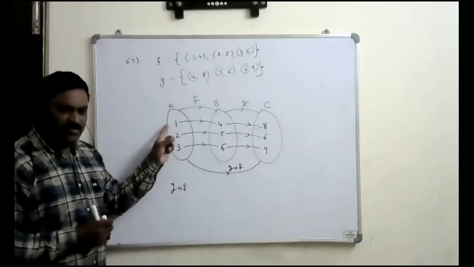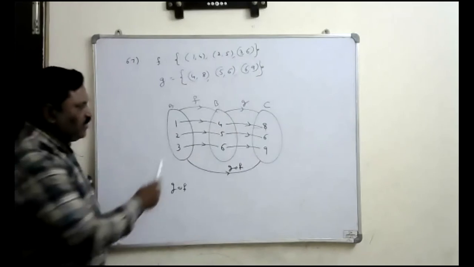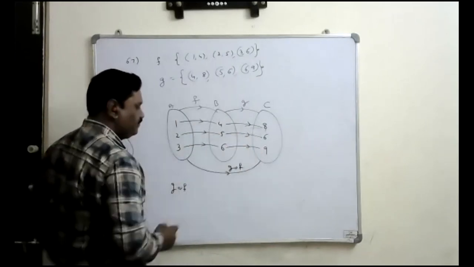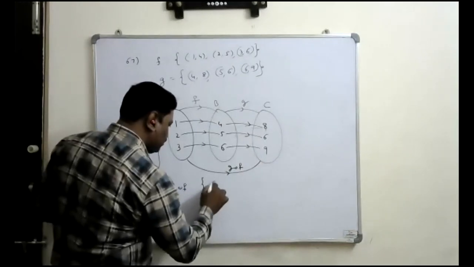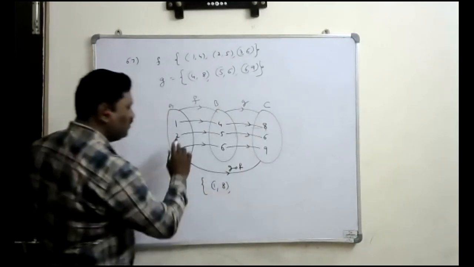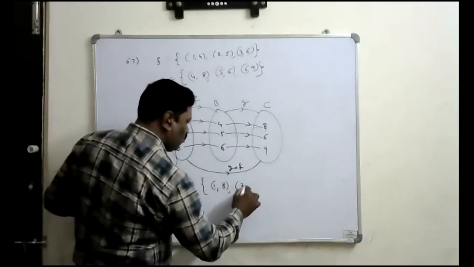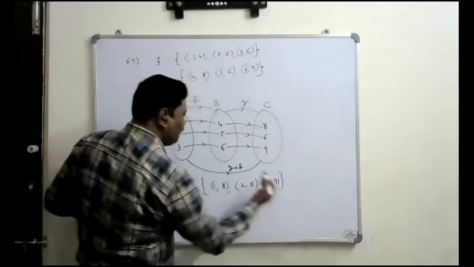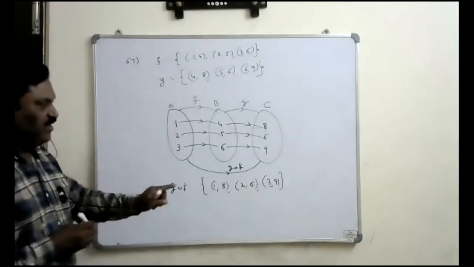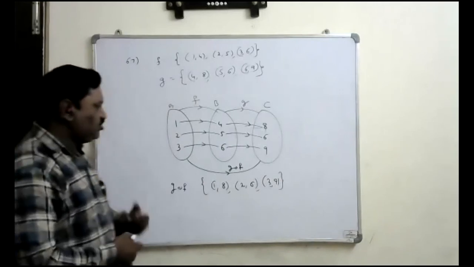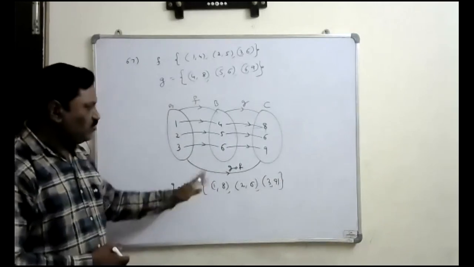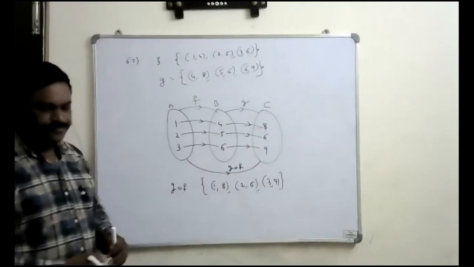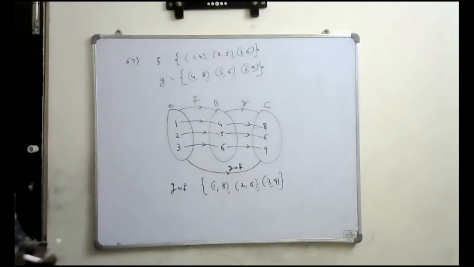Then what is the relation for the 1 in the set C? Because 1 maps to 4, and 4 maps with 8, G circle F means 1 to 8. Therefore (1, 8). Then 2 to 6, then 3 to 9. So this is G circle F. And F circle G is the reverse: 8 to 1, 6 to 2, 9 to 3. That is the reverse. Take that.